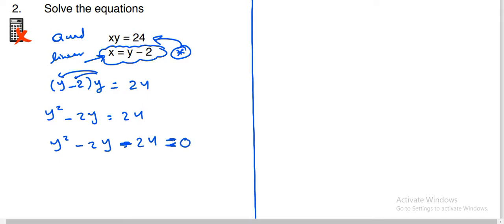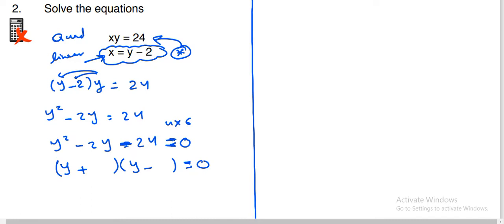Here we can use the quadratic formula because most of the time this equation can't be factorized, but here in question 1 and this question it can be factorized. But so as not to be confused, use the quadratic formula all the time. Here it will be y and y, it's minus, so it will be different signs. 24 will be 4 times 6, their multiplication equals 24 and their difference equals 2.